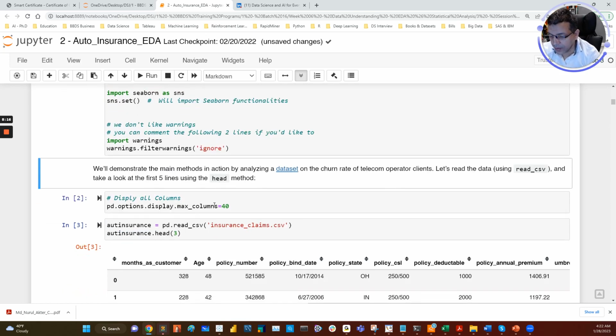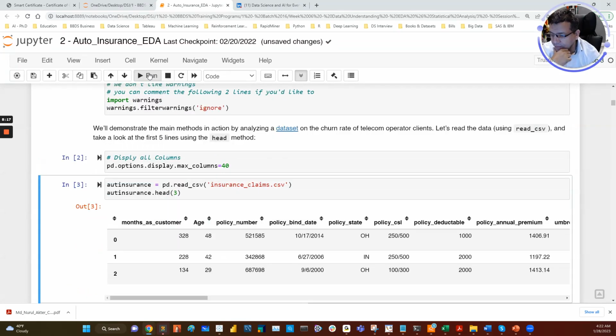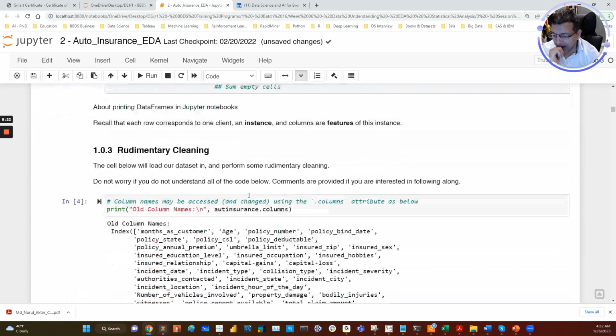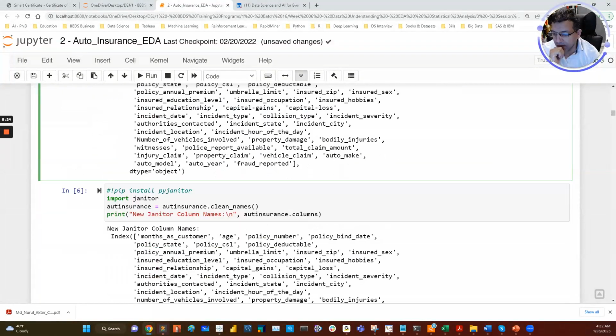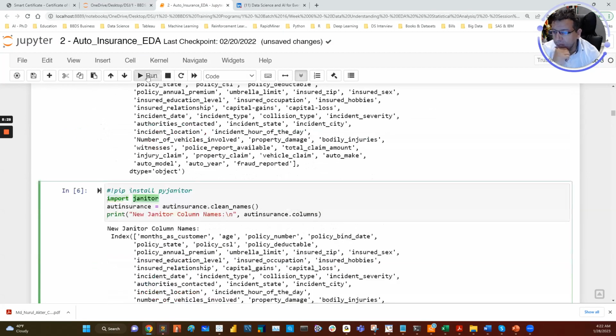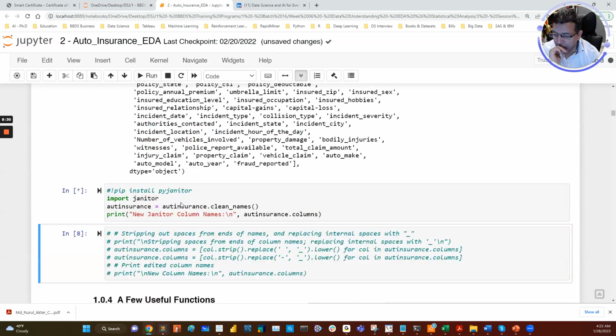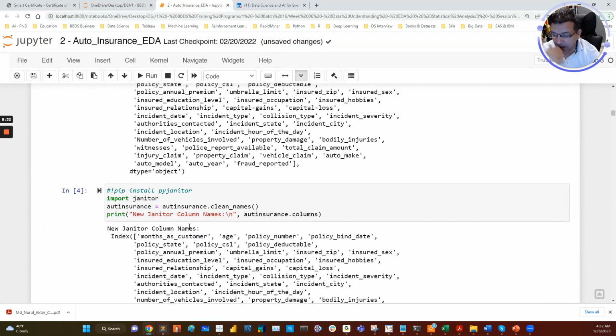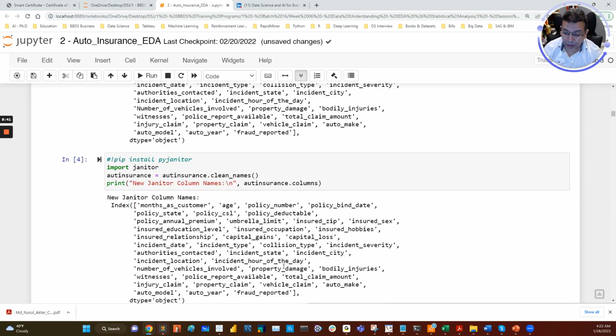Okay, great, and now we are going to read our data. Then we are going to use the generator to clean the names. Why do we need to do that? We talked about this several times: it is to avoid discrepancies, contradictions, and naming convention issues with the features.